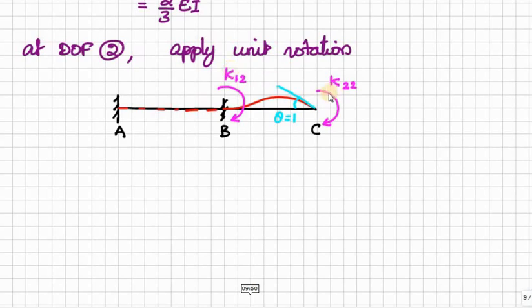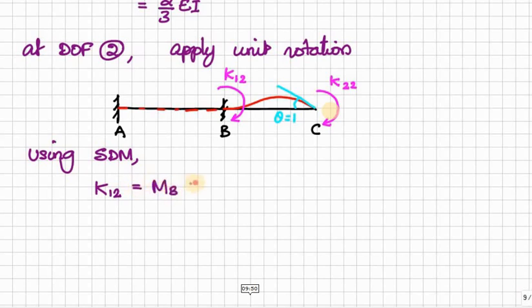The next one, due to the unit rotation at C, that is system coordinate 2, the force developed at system coordinate 2 is nothing but K22. So, these two stiffness coefficients we will calculate under this step. The member AB is not deformed, therefore, there is no moment at all. Only the BC member gets affected.